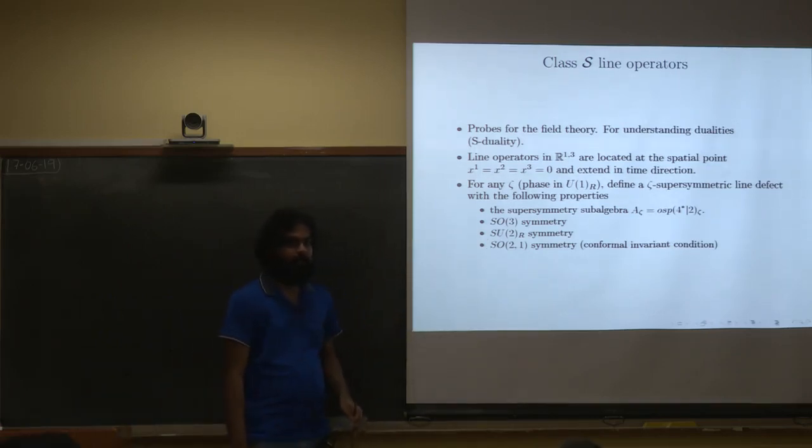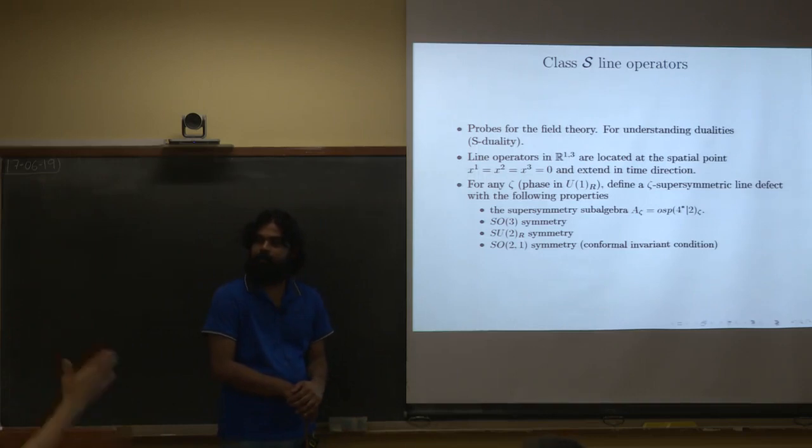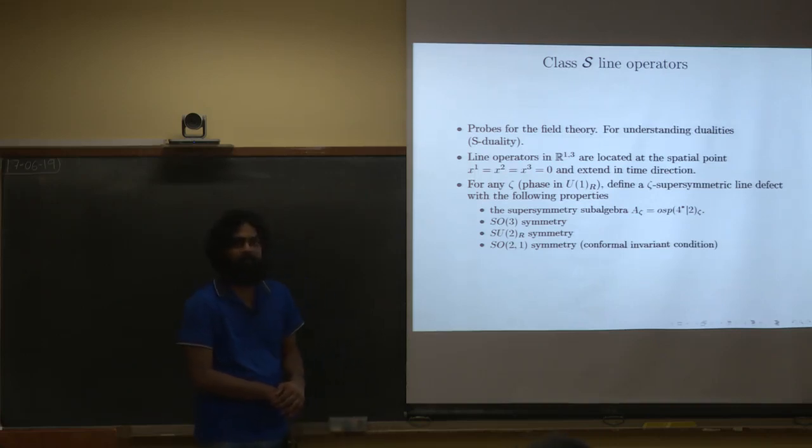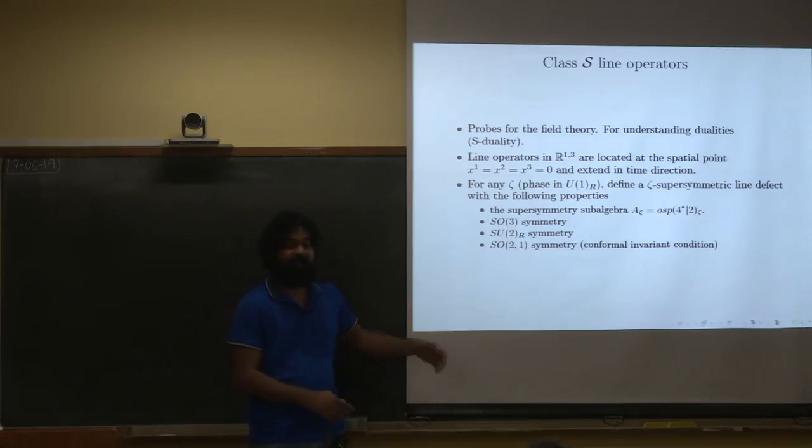Abhijit is asking this: if you've got a one-dimensional line defect, then there's a one-dimensional conformal algebra somewhere. Where does that sit inside your OSP forms? Yeah, I don't know about that part. I was just working with this holographically, so I don't clearly understand what's happening in the field theory.